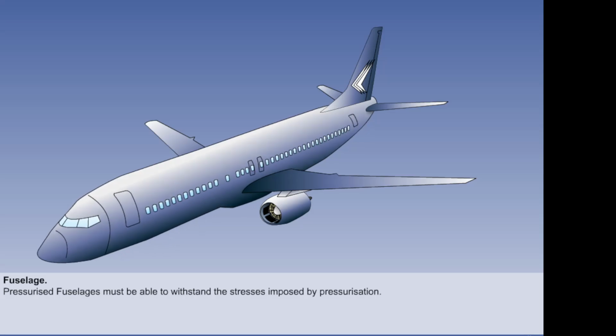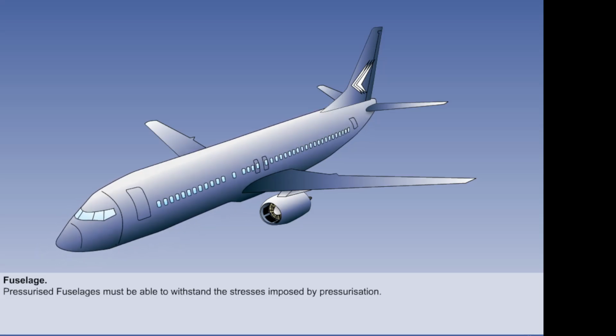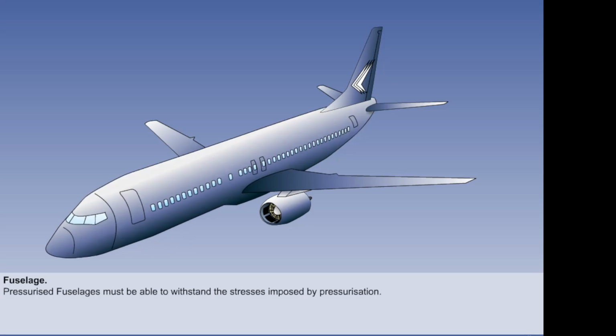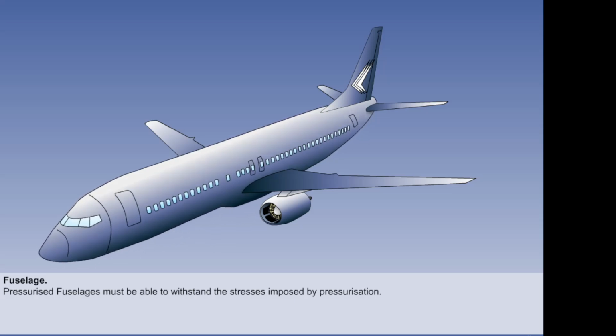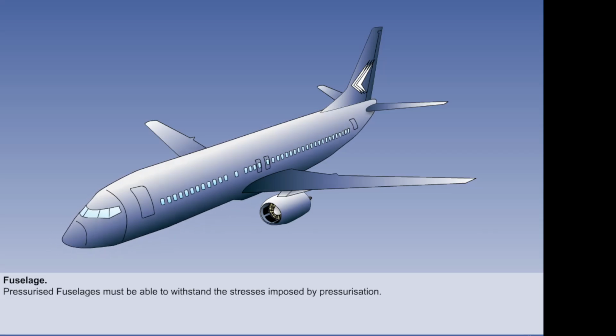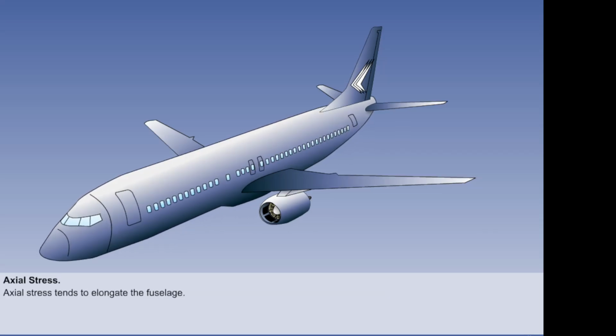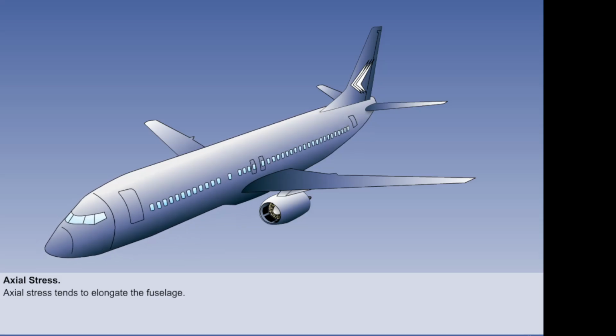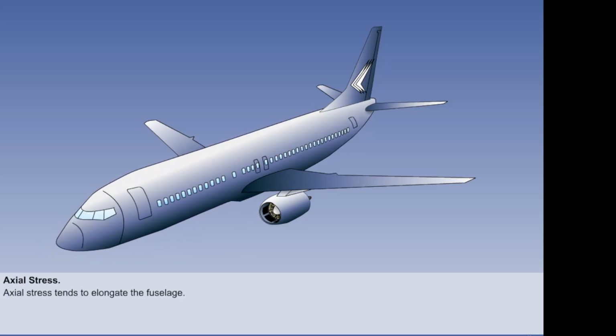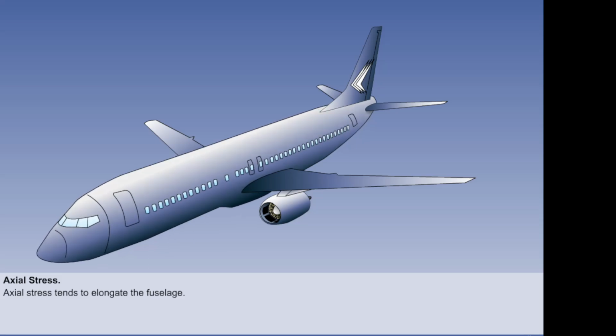Modern aircraft fuselages are pressurized, and these pressurized aircraft structures must also be capable of withstanding axial and hoop stresses imposed by the pressurization forces. Axial or longitudinal stresses are set up in the fuselage of aircraft when pressurized, and tend to elongate the fuselage between the front and rear pressure bulkheads.